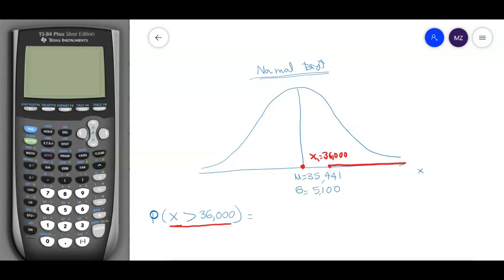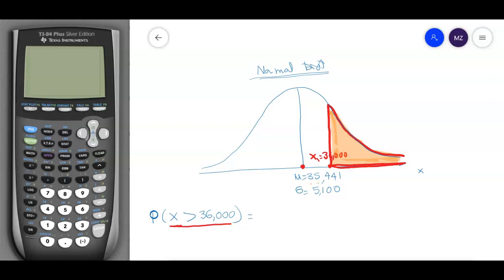However, I'm looking for the probability, so the probability would be the area bounded by the vertical line here, the graph, and the horizontal line. This shaded area is what I'm looking for. That's your question. So how can I do this one? It's the same information we need.